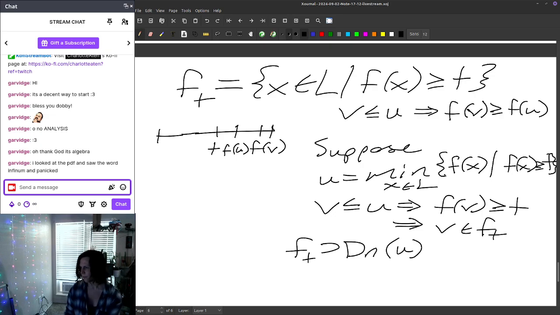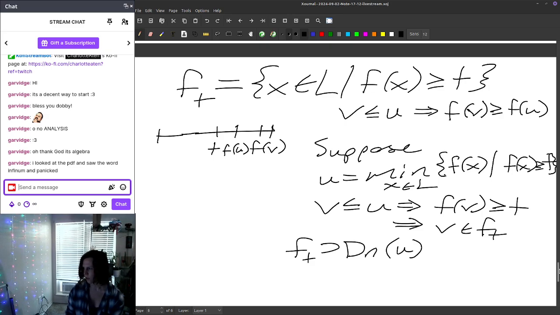So, in other words, I want the thing in the lattice that makes this f of x as small as possible while still subject to the constraint that f of x is greater than or equal to t. And so I know now that means that for that choice of u, this f sub t has to contain that downset, that principal downset determined by u. So that's necessary.